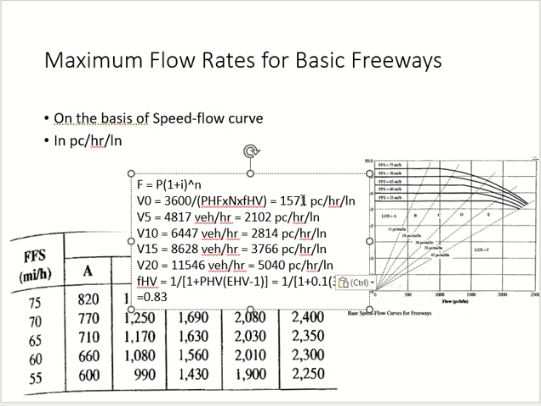Okay, so now these values can be compared. They are now in the same units: passenger cars per hour per lane. Now I converted volume to flow rate, right? If I ask you to do the reverse, if instead of converting these values, I ask you to convert those values, what will you do?